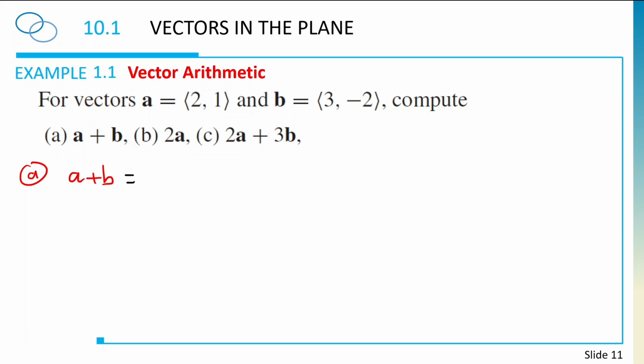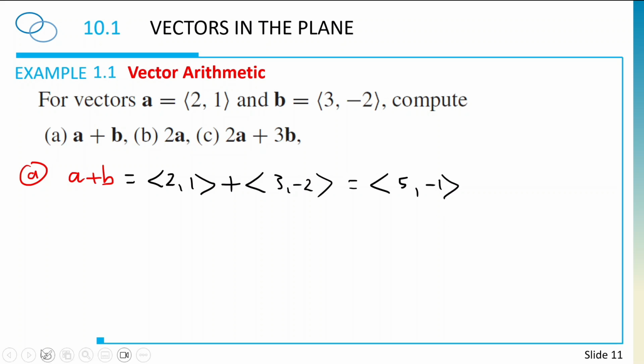So this equals the vector a, ⟨2, 1⟩, plus the vector b, ⟨3, -2⟩. Now adding them, 2 plus 3 is 5, and 1 plus negative 2 is negative 1. Notice that their addition is another vector.